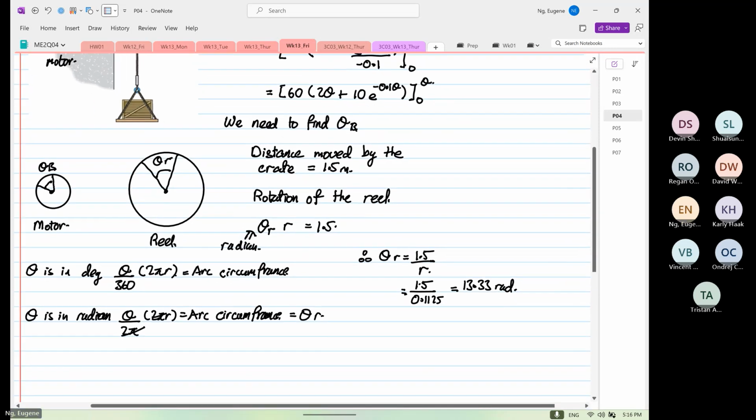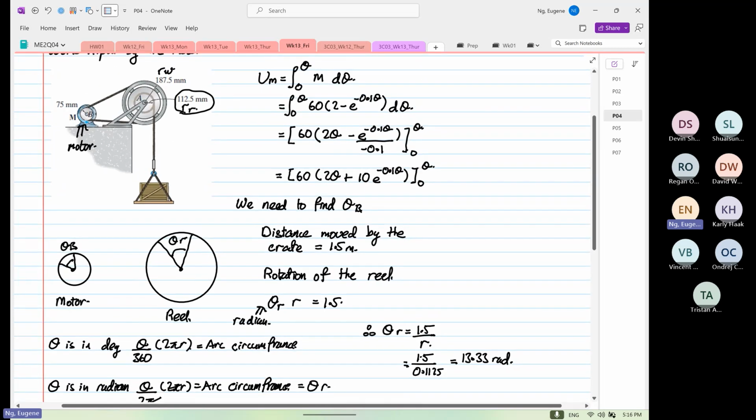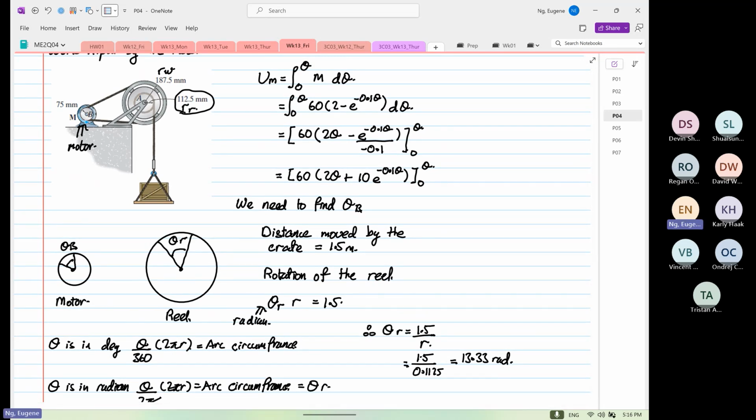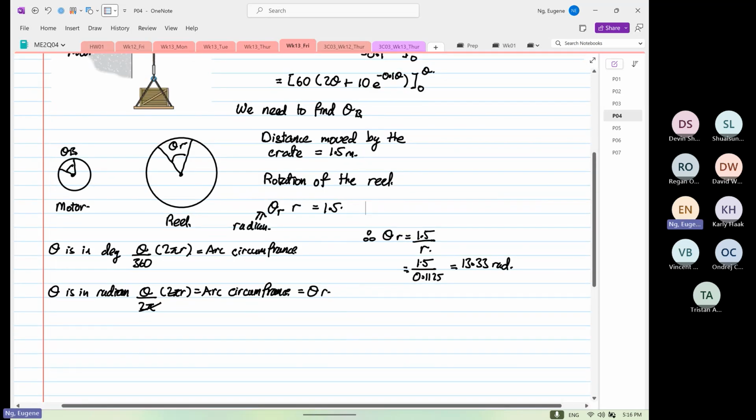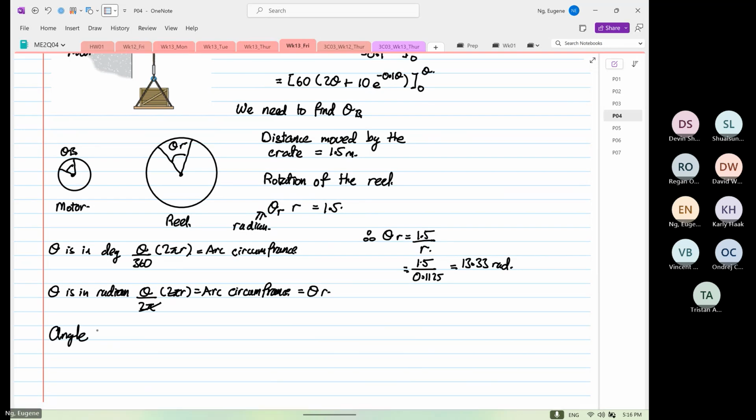Now, we know the motor, this problem is a pain. The motor is attached to the what? To the wheel, not to the reel, right? So the angle rotated on the reel is the same as the what?